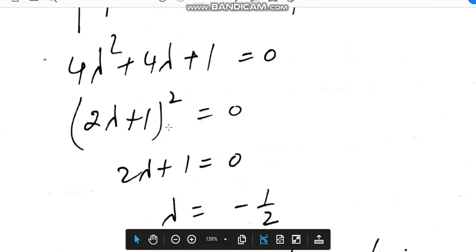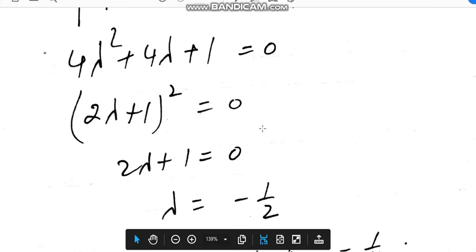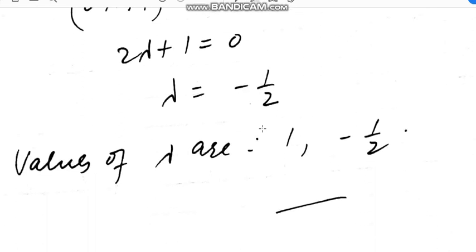This is the whole square of 2 lambda plus 1. Taking the square root, we get lambda equal to minus 1 by 2. So the values of lambda are 1 by 2, minus 1 by 2 and 1. This value is the value of lambda that we chose to start our synthetic division. So one of the roots is this, and the other root is minus 1 by 2.